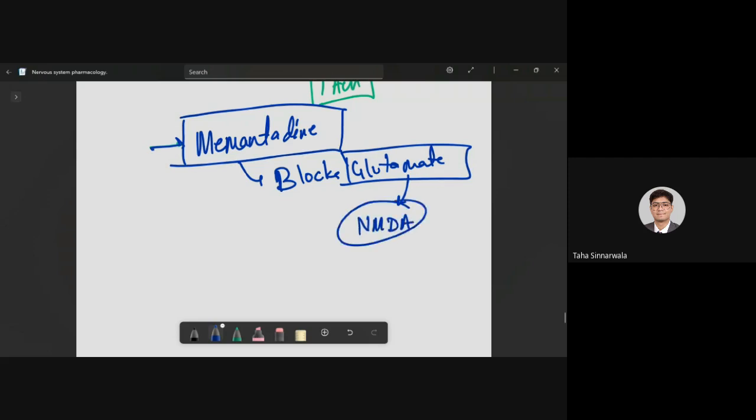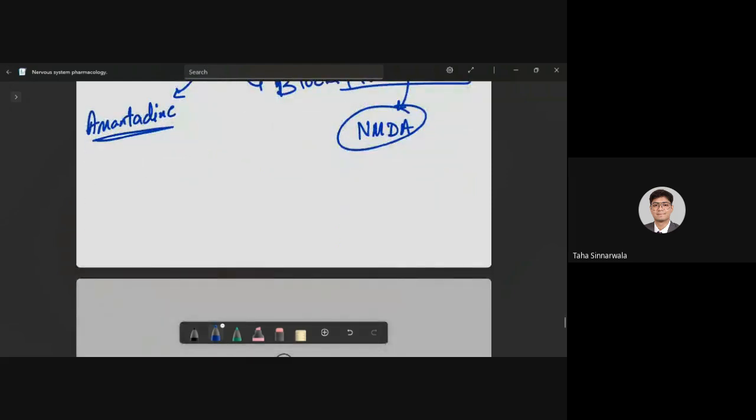Now, I'll tell you a very interesting thing. Memantidine is actually from a similar class of medication as amantadine. And do you guys know what amantadine was used for or is still used for? For Parkinson's disease.